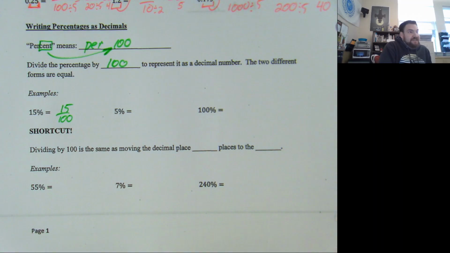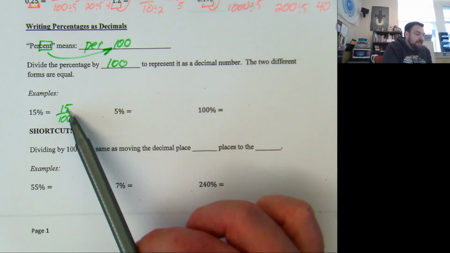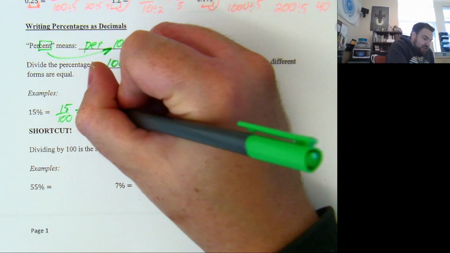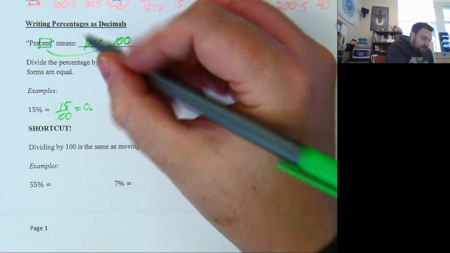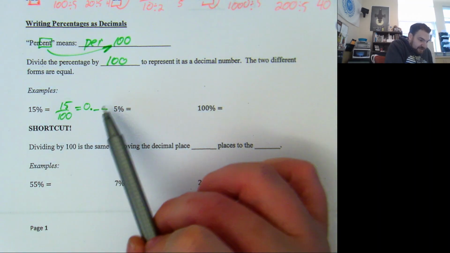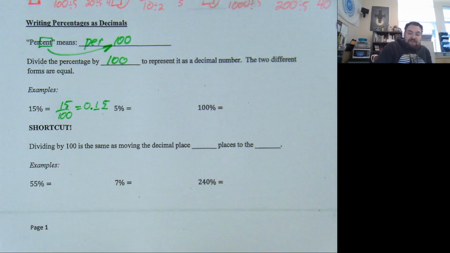And I want to leave this thing as a decimal. So this 5 is in the hundredths spot, because it's 15 out of 100. So this thing is going to have 2 decimal places because it's out of 100, we're in the hundredths. So 15% is going to become 0.15.